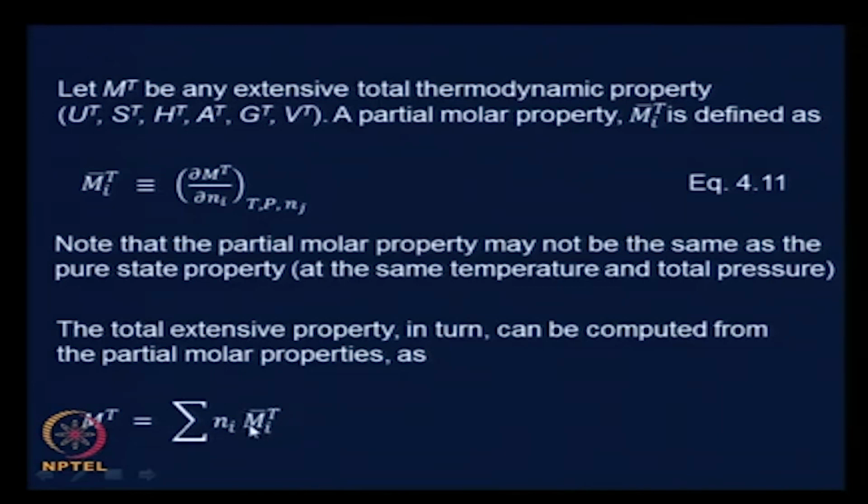You sum them over all the components, then you get the total property. To be able to express it this way was the need to define a partial molar property at all.